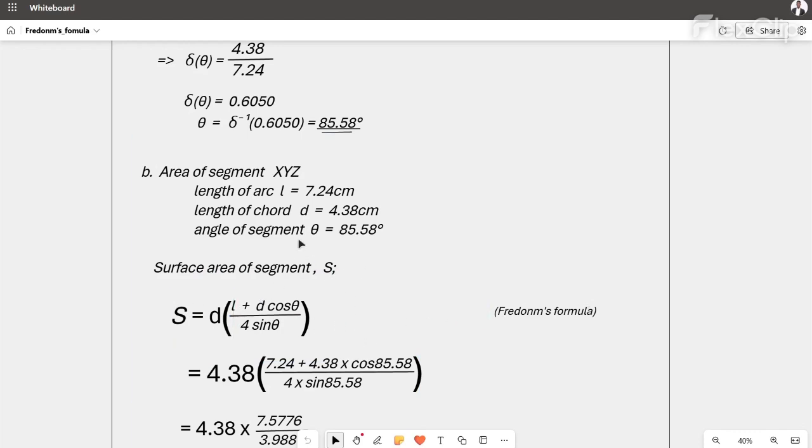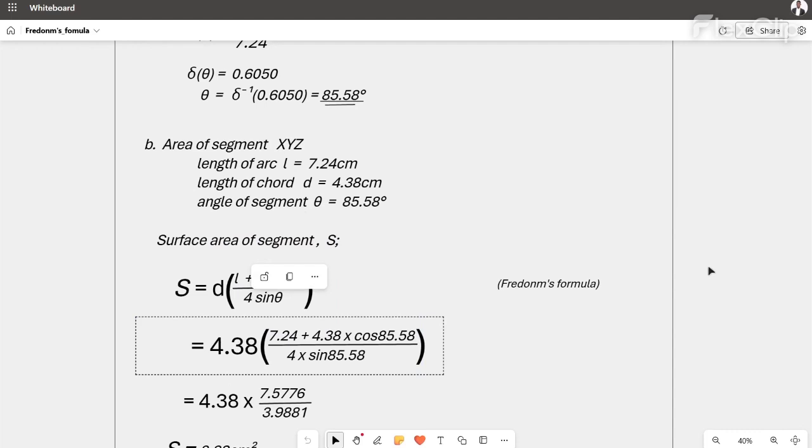So the next thing we're going to do now is to plug in these values into this formula. If you do that, S will be equal to D, which is 4.38, times open bracket 7.24 plus 4.38 times cos 85.58 degrees all over 4 times sine 85.58 degrees close bracket.